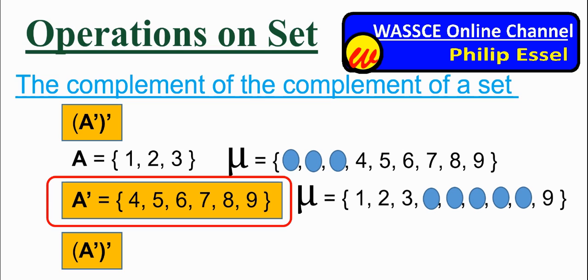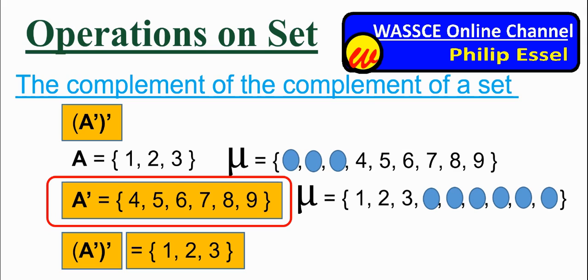Then 9, so we'll cancel 9 out. So what are we left with in the universal set? We are left with 1, 2, and 3. Therefore, our A complement in brackets complement will be equal to {1, 2, 3}.